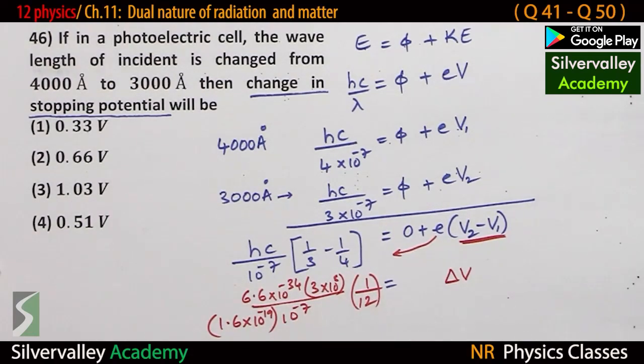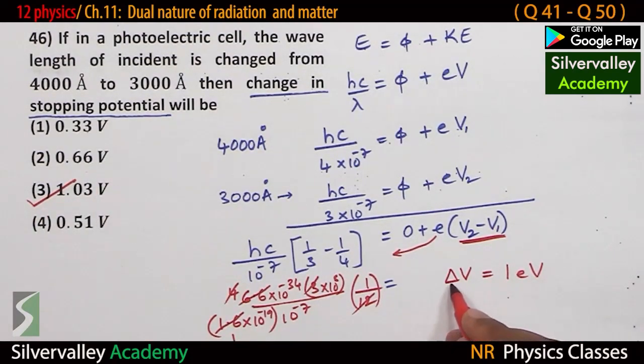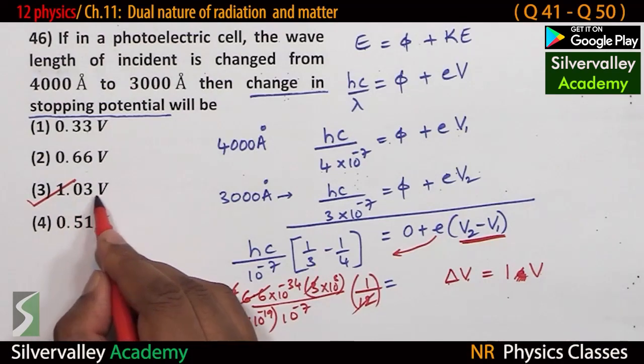Observe carefully: 1.6 one time, this is approximately 4 times. 12 is here, so manage 10 power. It turns out to be 1. So delta V is equal to 1 eV, that is delta V is 1 volt potential. Therefore, 1.03 volt.